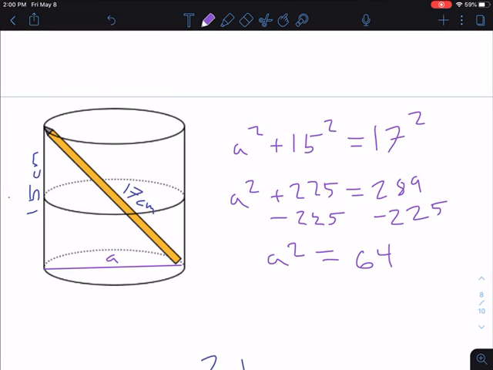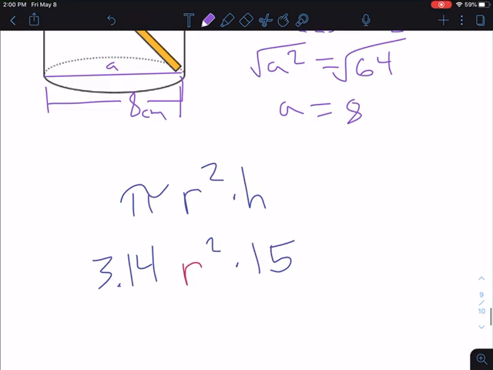Don't worry. We've got to get rid of the square. We can't just put in 64 as our diameter. So let's take the square root. We find out that A is equal to 8. So this whole length right here is 8 centimeters.